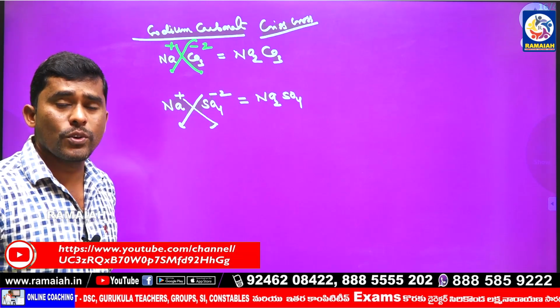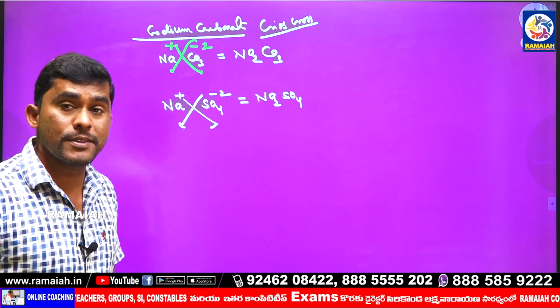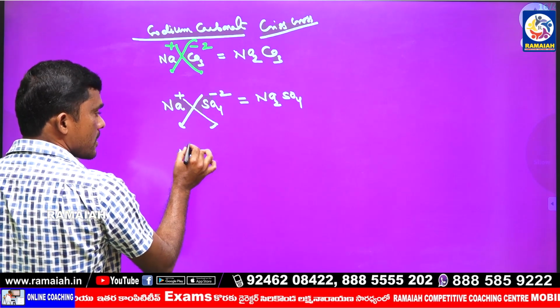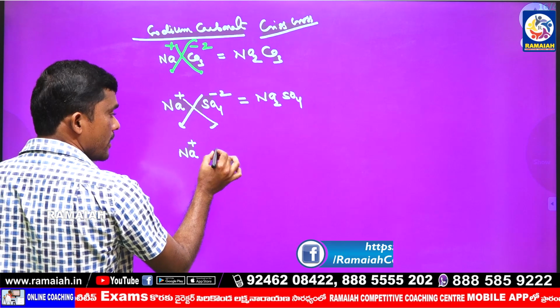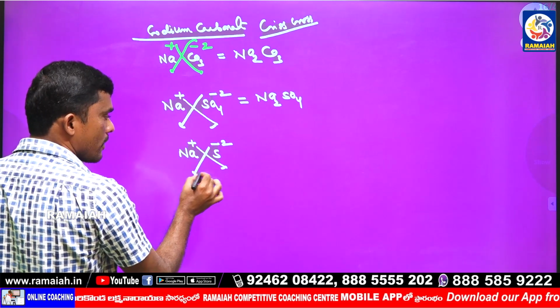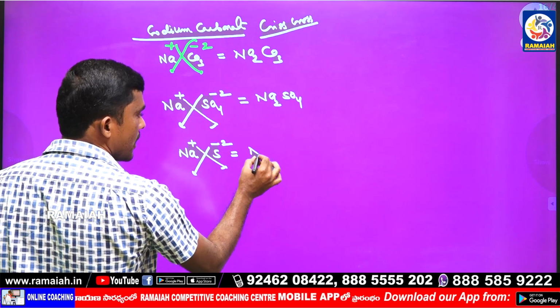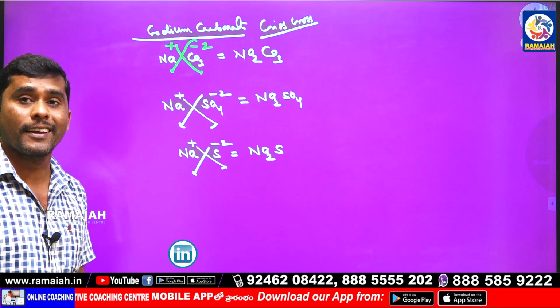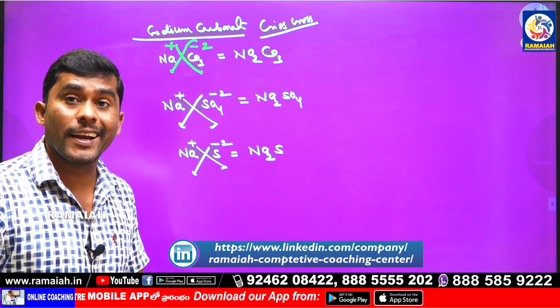For example, sodium sulfide. Sodium means Na plus. Sulfide means S minus 2. Then the formula is Na2S, sodium sulfide.